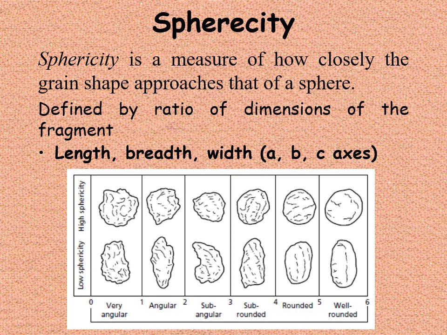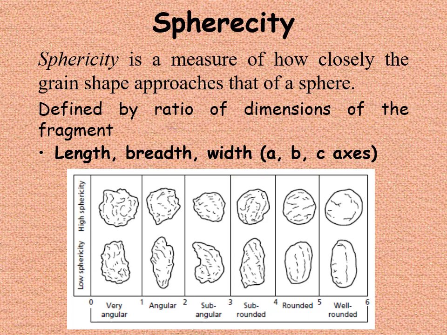But in this case, a cricket ball or a football, the grain is well rounded and the sphericity value is also high. In the first figure here, the grain is angular, but the sphericity value is high because this grain is much closer to a sphere than the bottom one.